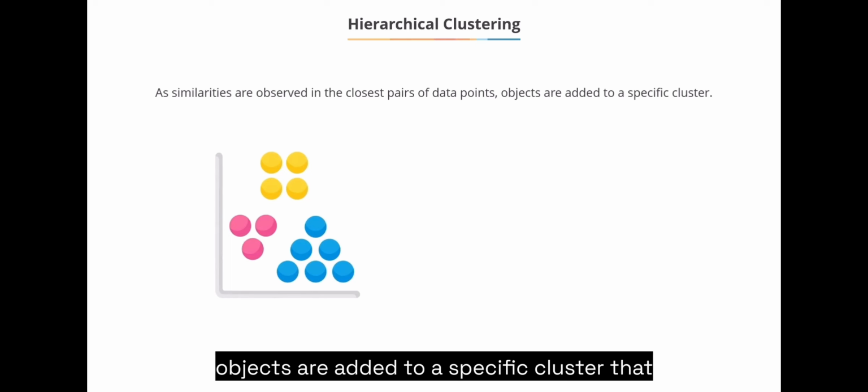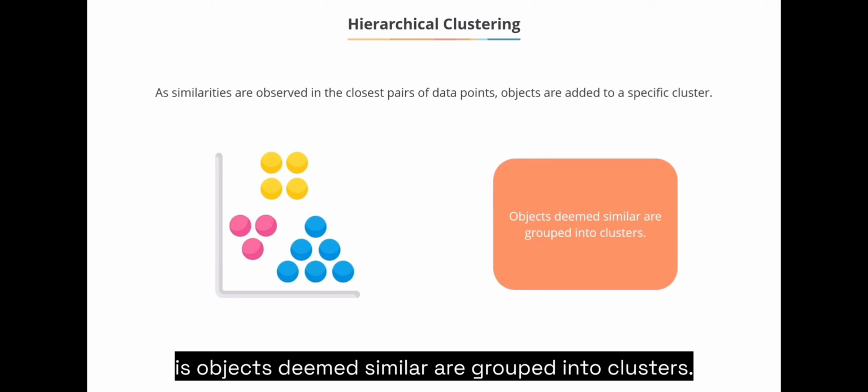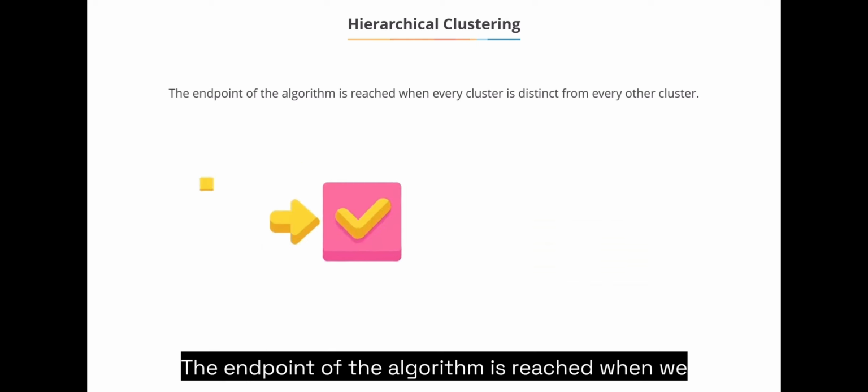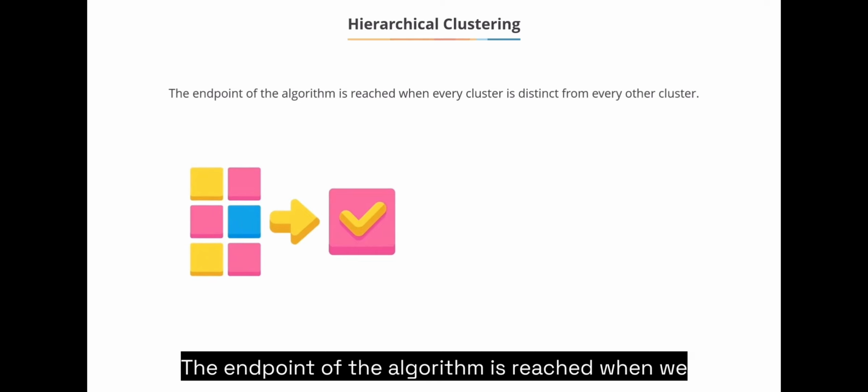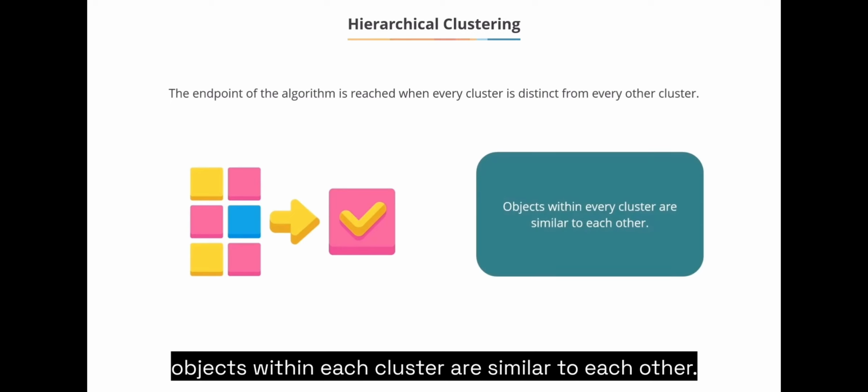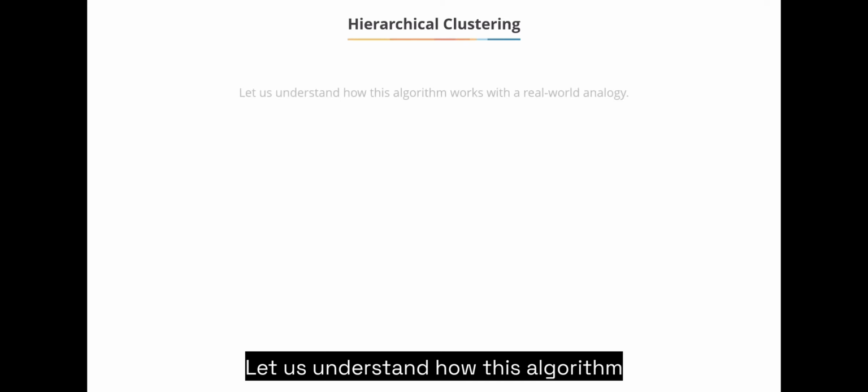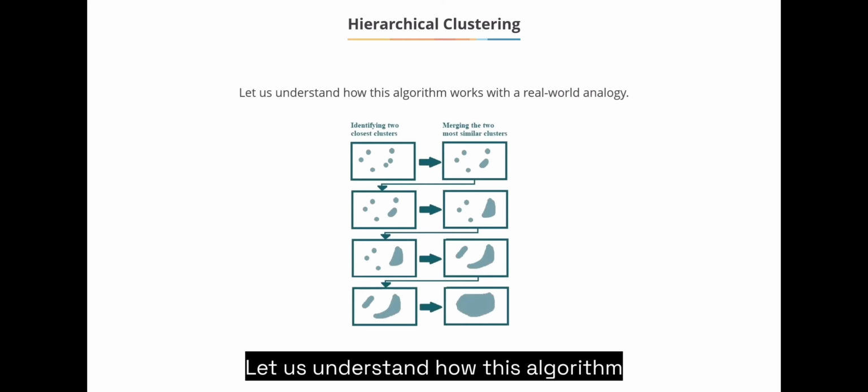Objects deemed similar are grouped into clusters. The endpoint of the algorithm is reached when we have a set of clusters where each cluster is distinct from every other cluster in the dataset, and the objects within each cluster are similar to each other. Let us understand how this algorithm works with a real-world analogy.